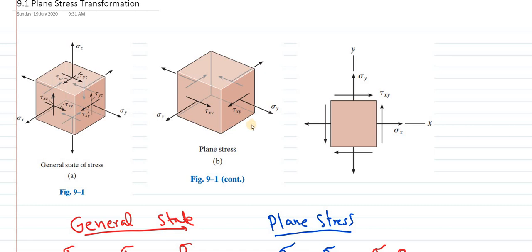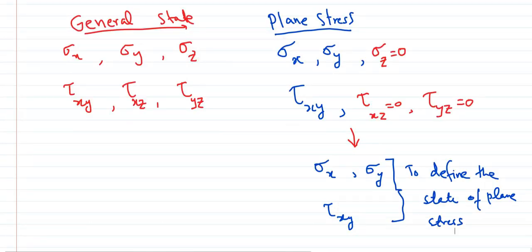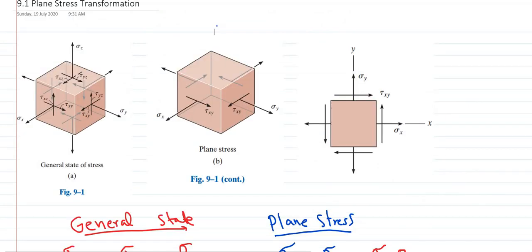If I stand at the top, looking at this beam from the top, I'll be able to see these arrows, sigma x, sigma y, and these four arrows. So I'm going to show them in the form of a two-dimensional view. This is the top view, and these are the stresses that you can see from the top.